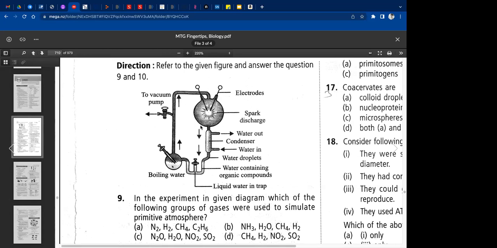In the experiment in the given diagram, which of the following groups of gases were used to simulate primitive atmosphere? Option A, N2, H2, CH4, C2H6. Option B, NH3, H2O, CH4, H2. Option C, N2O, H2O, NO2, SO2. Option D, CH4, H2, NO2, SO2.